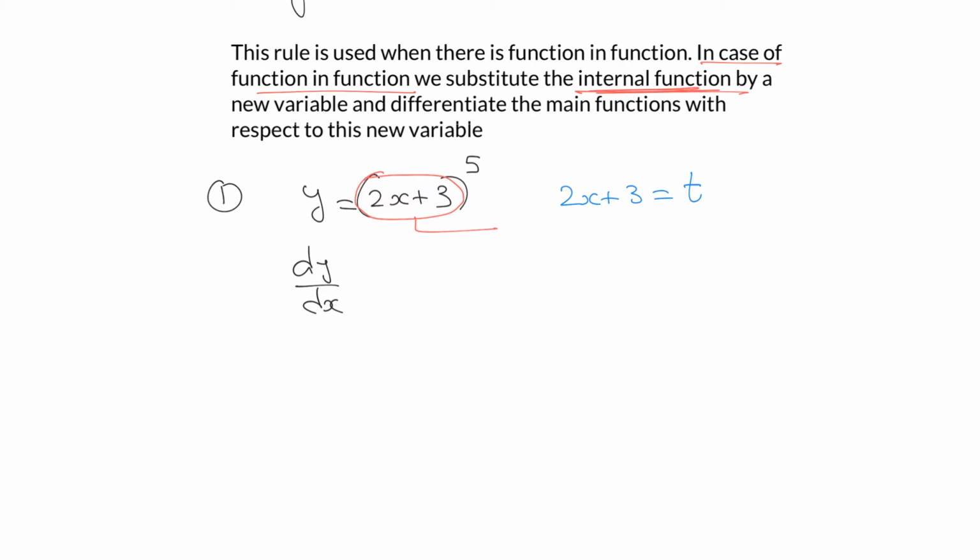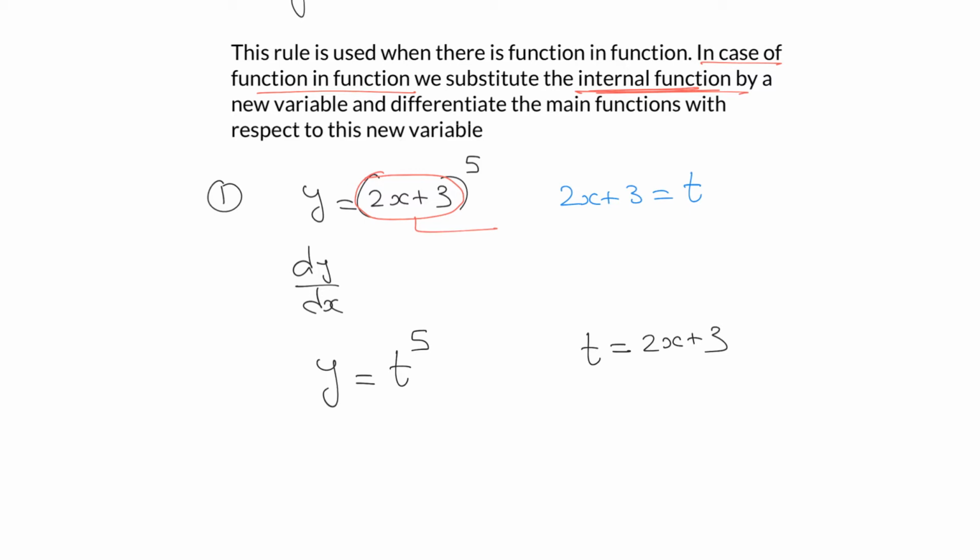And we differentiate the main function with respect to this new variable. After considering 2x plus 3 as our new variable t, we can write one equation as y is equal to t raised to 5, and another equation, t is equal to 2x plus 3, because we assumed that 2x plus 3 is t.